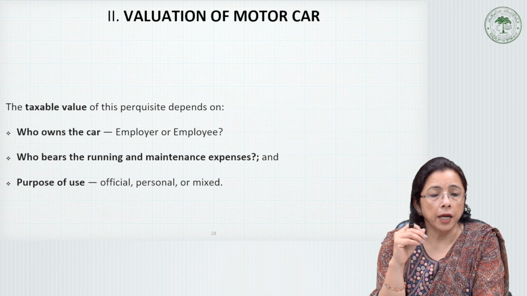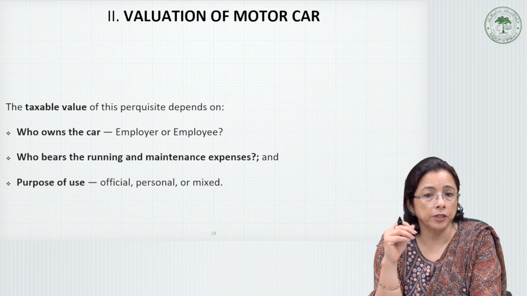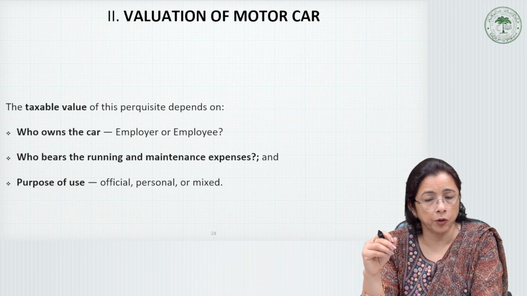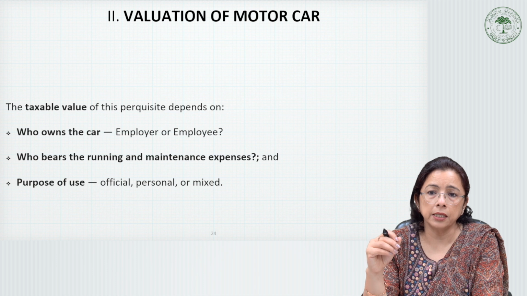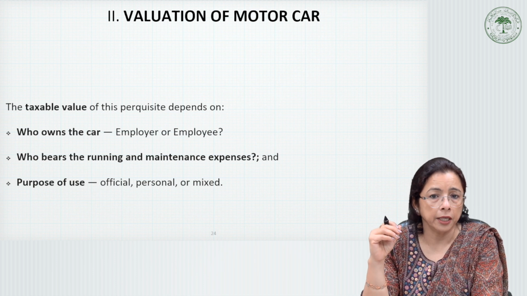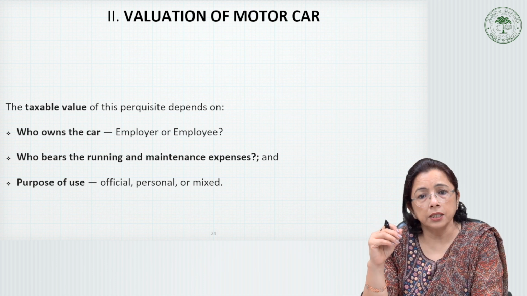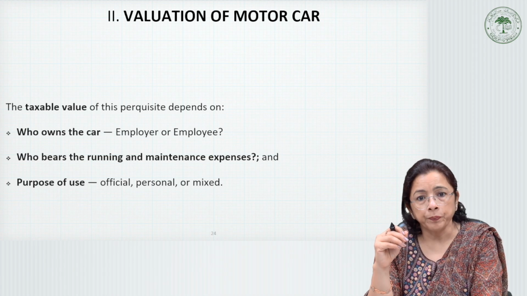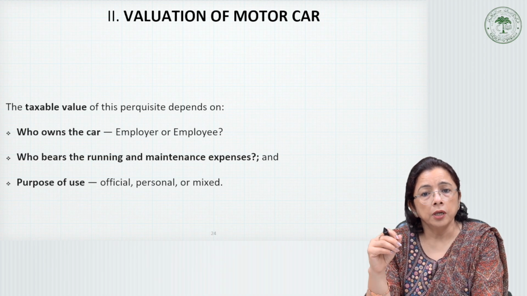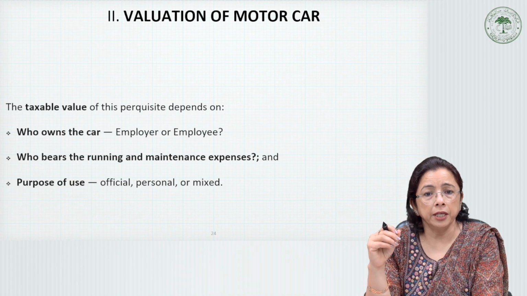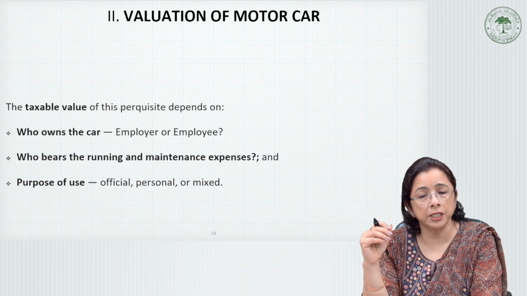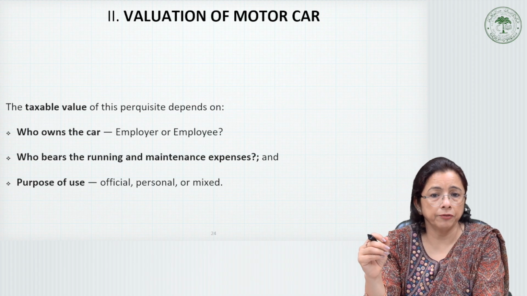There are three criteria. First, when a car is owned or hired by the employer, the value of perquisite shall be included in the salary income of the specified employee only. And when the car is owned by the employee, then the value of car perquisite shall be included in the salary income of the employee, whether specified or not specified.